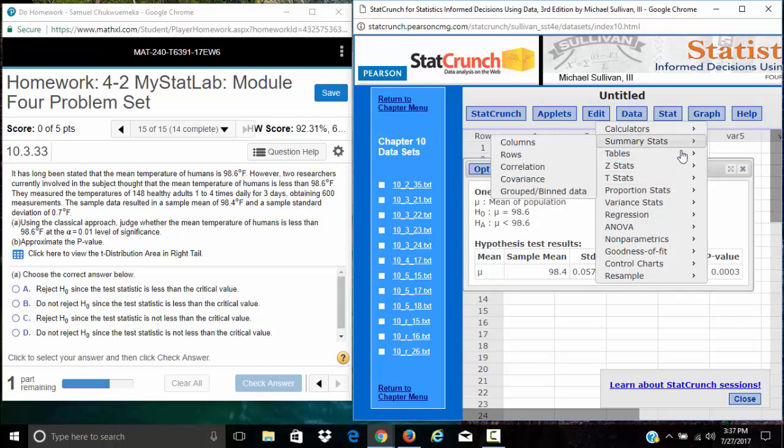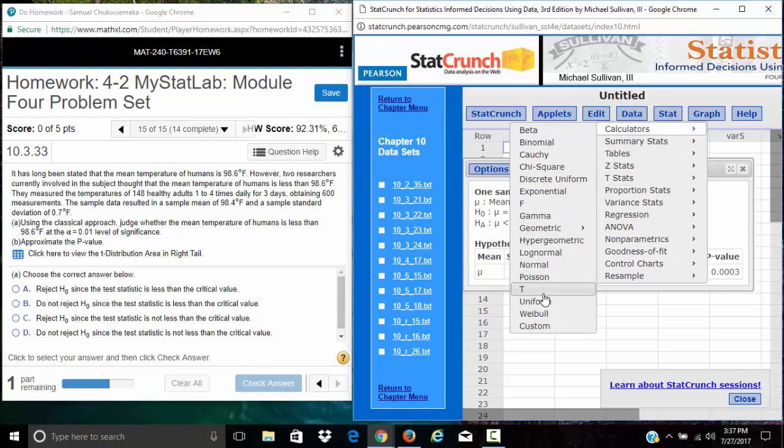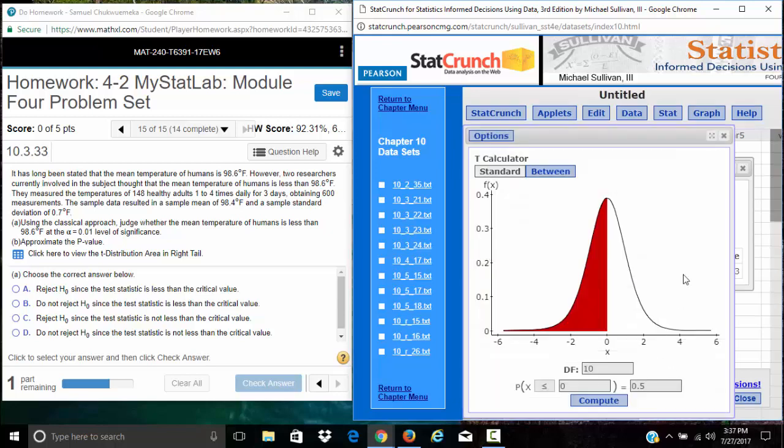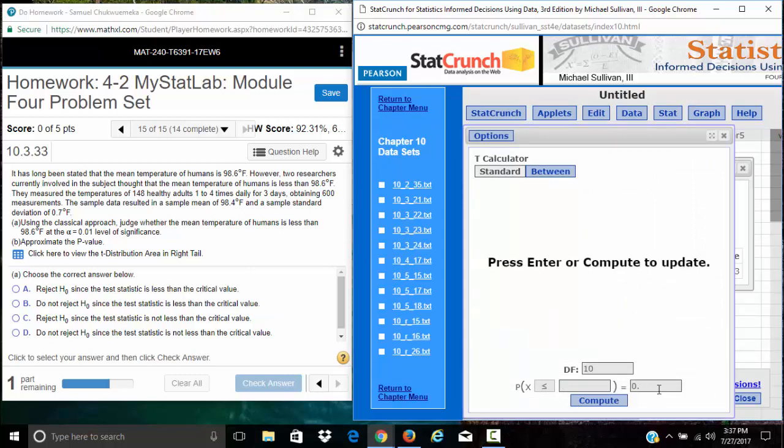The next thing we're going to do is get the critical value. Calculate, T. This is left-tailed, so we're going to use alpha as it is, which is 0.01.